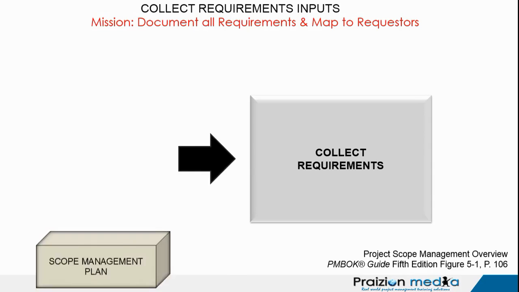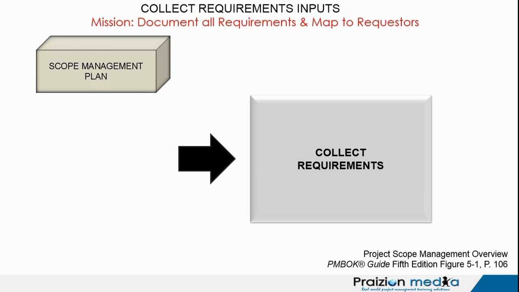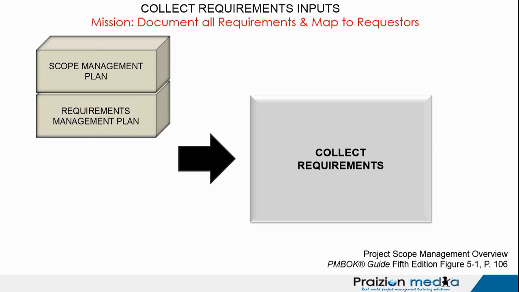Now, the inputs to this process are straightforward: the scope management plan and the requirements management plan. The scope management plan, of course, gives an idea of how scope will be managed on the project, and collecting requirements and managing them are part of scope management.